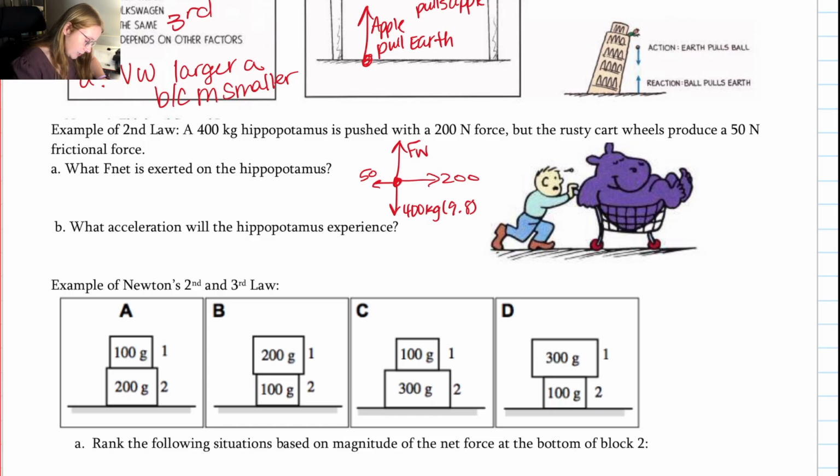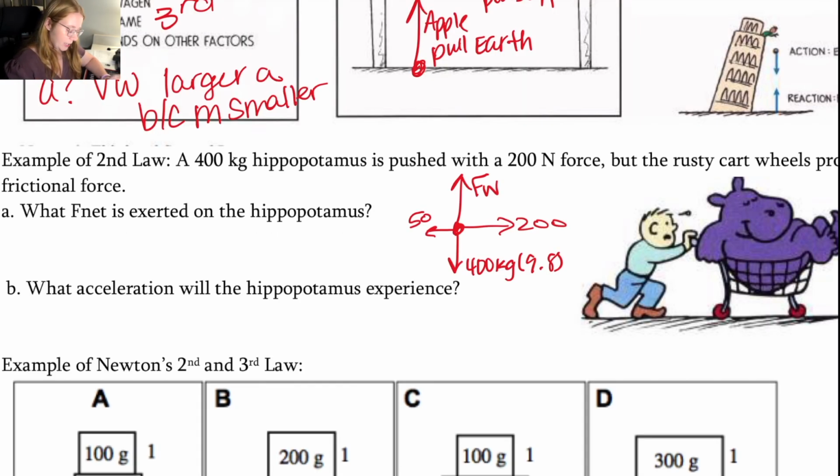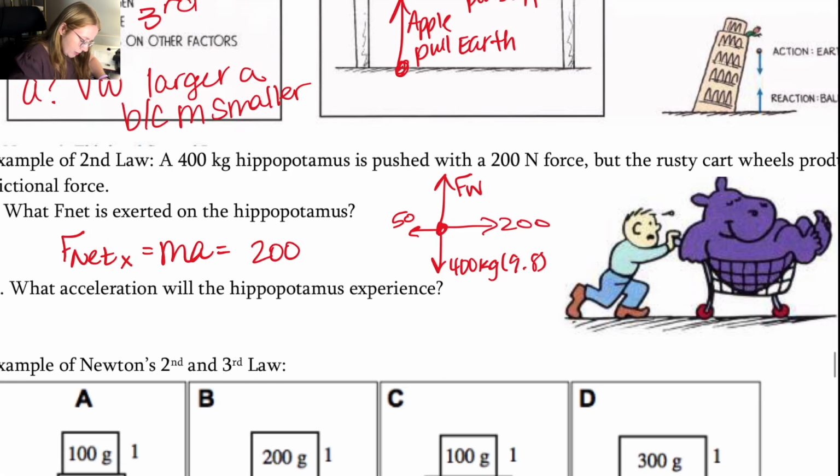I know my F net Y should be 0, but I do have an F net X, which I don't know the acceleration yet. But I have another option. Instead of doing mass times acceleration, I could just take 200, subtract 50. Remember, 200 is a positive force, so I'm going to make that positive 200. And then 50, since it's heading to the left, would be negative. So that's why I did 200 minus 50, and then I got 150 newtons.